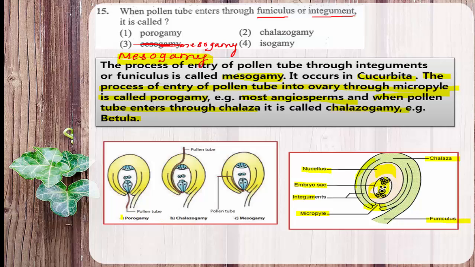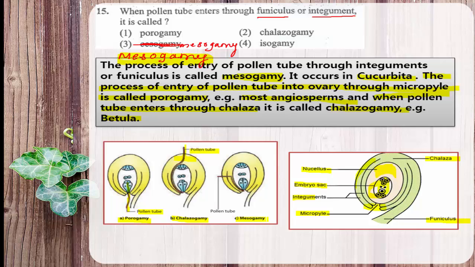See here, when the pollen tube enters through the micropyle, this pore is micropyle, the process is called porogamy. When pollen tube enters through the chalaza, opposite to the micropyle, first entry is through the chalaza, it is called chalazogamy.